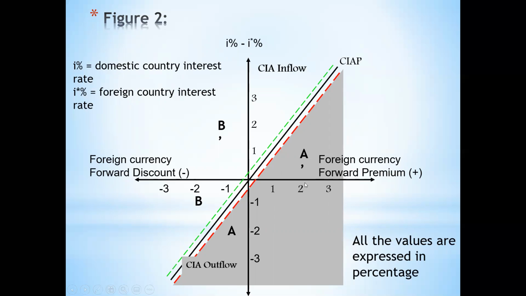What is the net gain? You still getting more benefit if you invest in other countries. Why? The foreign currency at forward premium. The net gain is 2 minus 1. You having still 1% gain if you invest into the foreign investment, even though domestic interest rate is higher at that point.